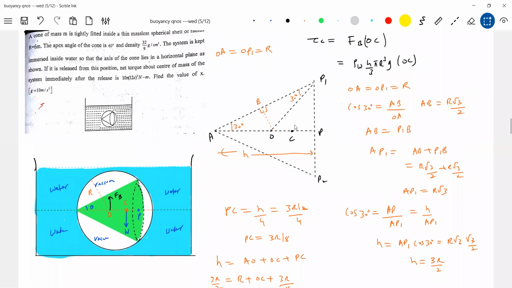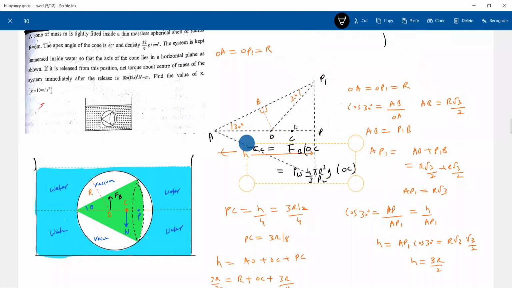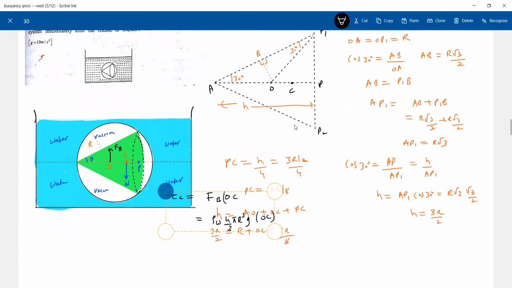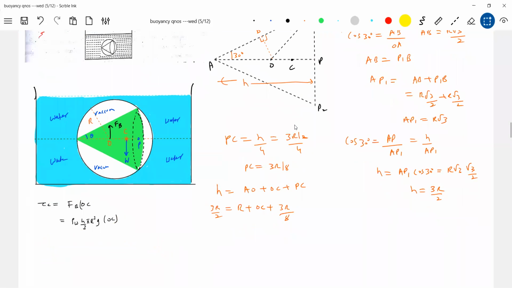I'll bring this data here. Anybody, value of OC? R by 8. Just R by 8.